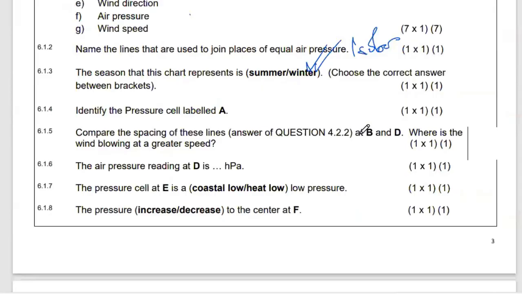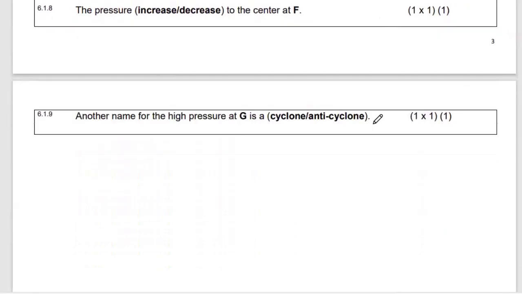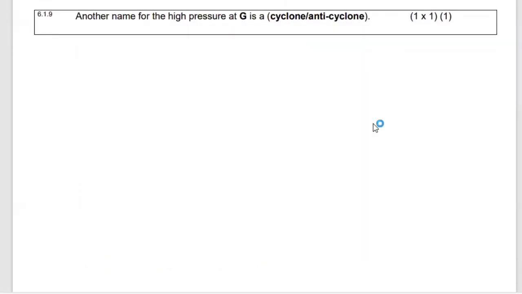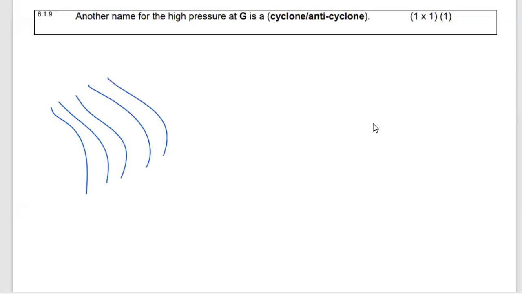Right, when you're talking of winds blowing at a greater speed, the closer the isobars, the stronger the wind. And the further apart the isobars, the weaker the wind. If isobars are closely located like this, it means if this is high and this is low, there's going to be a steep gradient here, and the winds are going to be strong.